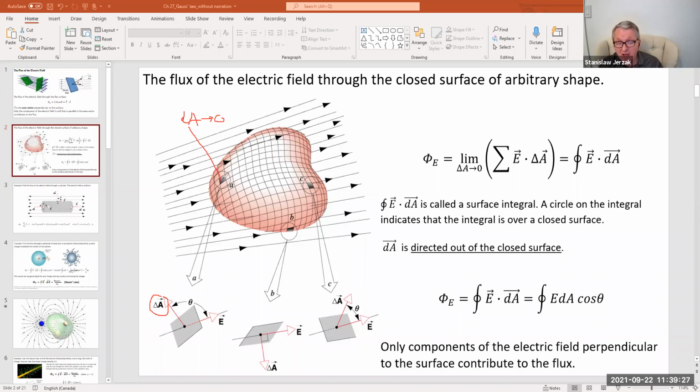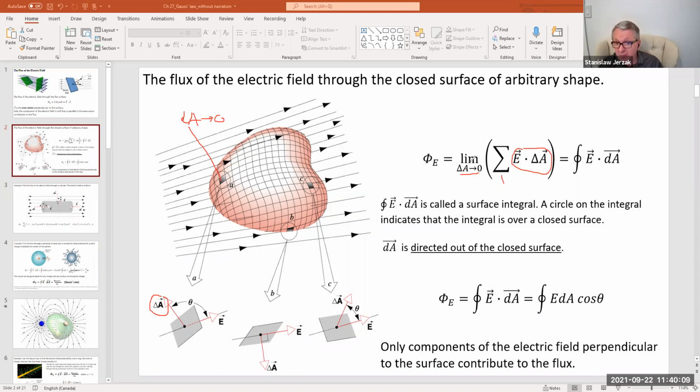And then we can calculate the flux of the electric field through each tiny area. And this is that flux through each tiny area. And then we would have to find the sum of the flux through all tiny areas on that surface, and we should find that sum under the condition when delta A approaches 0. If we calculate the limit of that sum when each of these tiny areas approaches 0, then that's how you would calculate the flux through that closed surface, right?